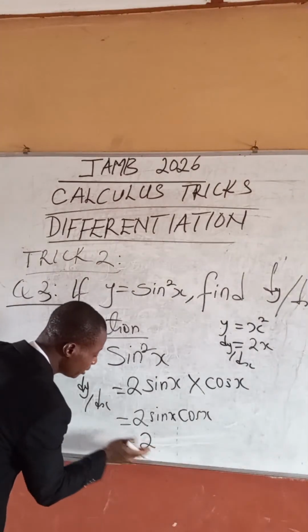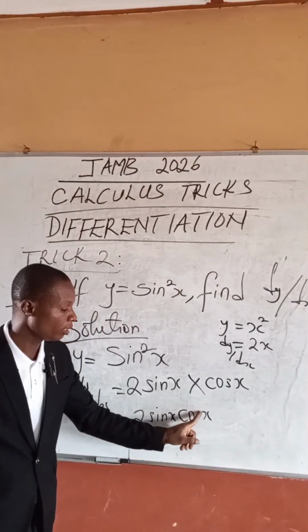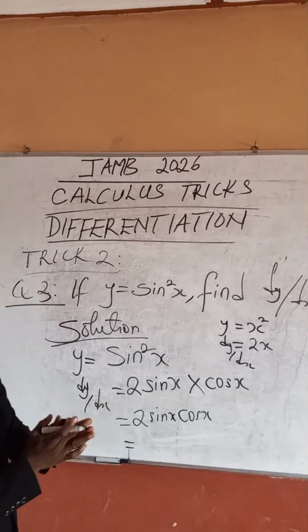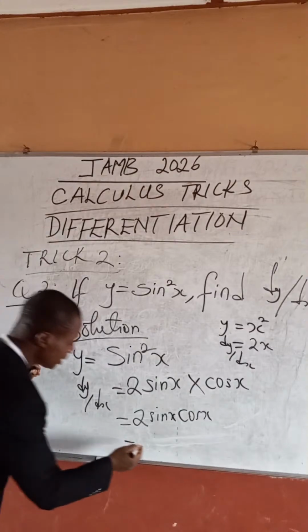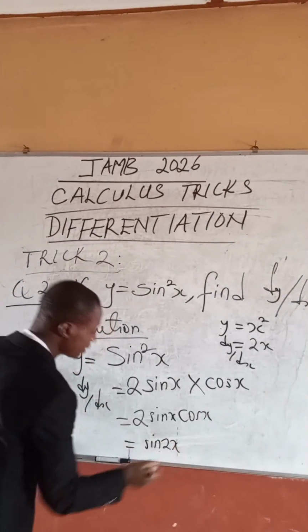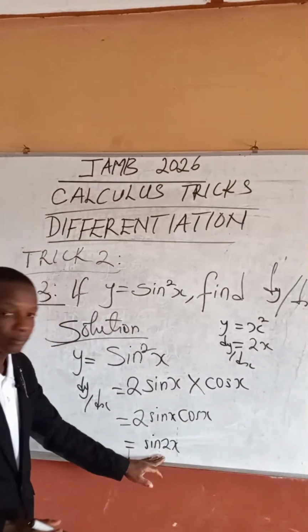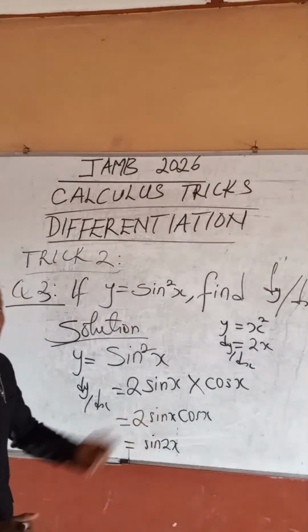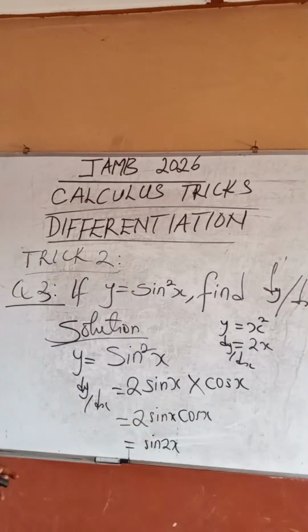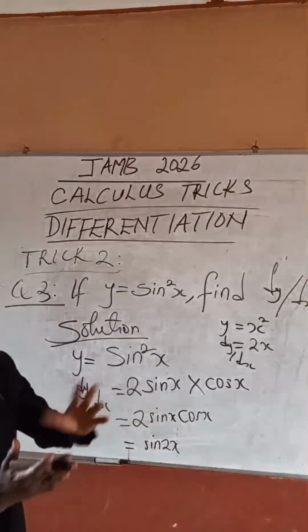Instead of having 2 sine x cos x, this is also correct, but we just want to compress it, simplify it. It is the same thing as sine 2x. So you can see how simple it is. From here, we can easily get this, right? But you have to use compound angles.